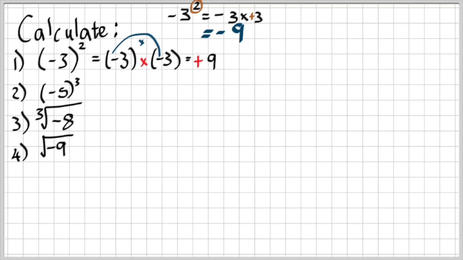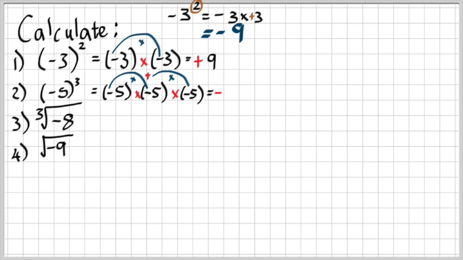Now let's go to the second question. What does negative 5 to the power of 3 mean? It means negative 5 times negative 5 times negative 5. So let's start with the first negative times by that negative. And that answer is a positive. If I take that positive and I multiply it by a negative, my answer is then a negative.